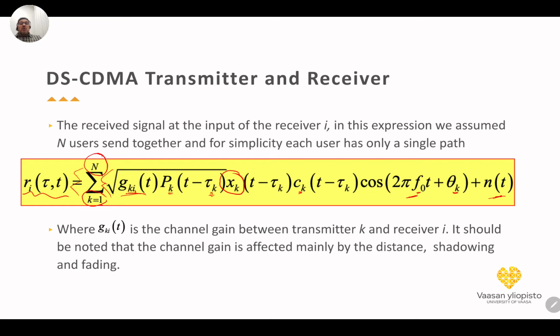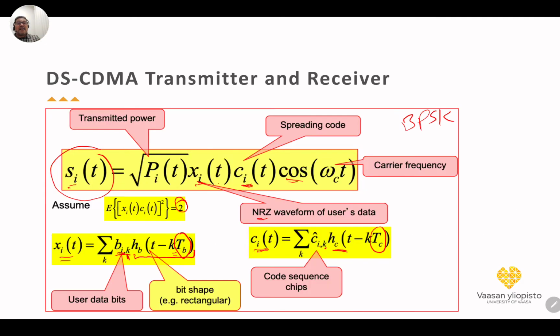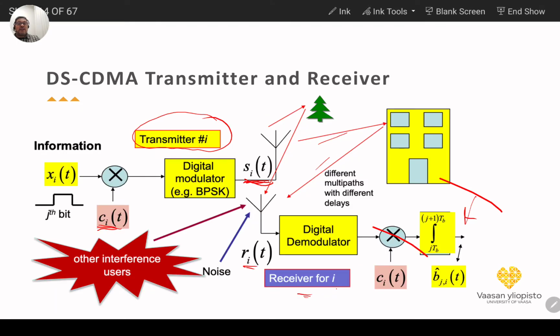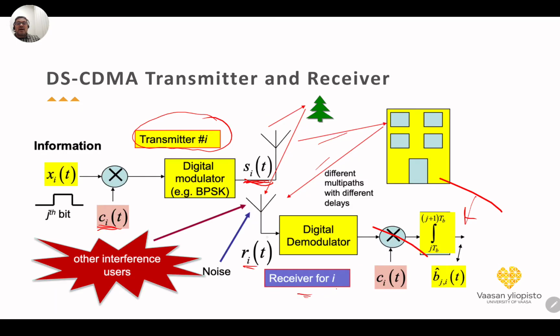So you can see here that at receiver i, all signals from all n transmitters will be received at the input of the receiver. This is Ri of t.